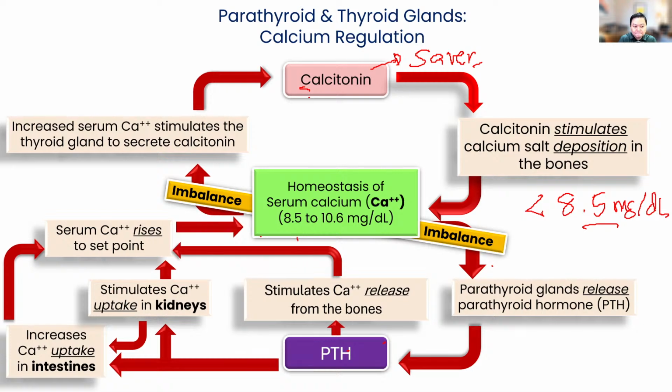Okay. This is going to allow the body to get those calcium ions from the bone matrix. This will allow them to shift into the bloodstream in order to at least normalize the low levels of the calcium. Okay, and this will allow some more effects. It will allow the absorption of the calcium in the intestines. It will also allow the reabsorption of calcium in the kidneys, and this will normalize the balance.